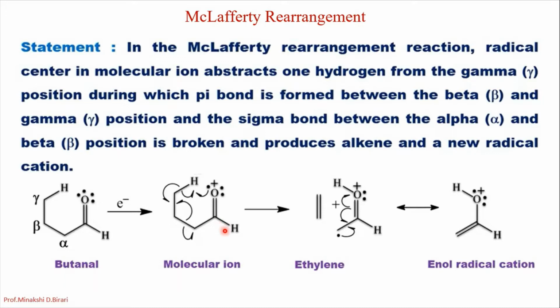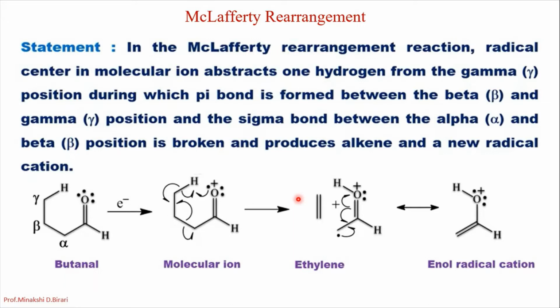Such a rearrangement involves the transfer of hydrogen from one part of the molecular ion to another, preferably via a six-membered cyclic transition state. This process is favored energetically because as many bonds are formed as are broken.